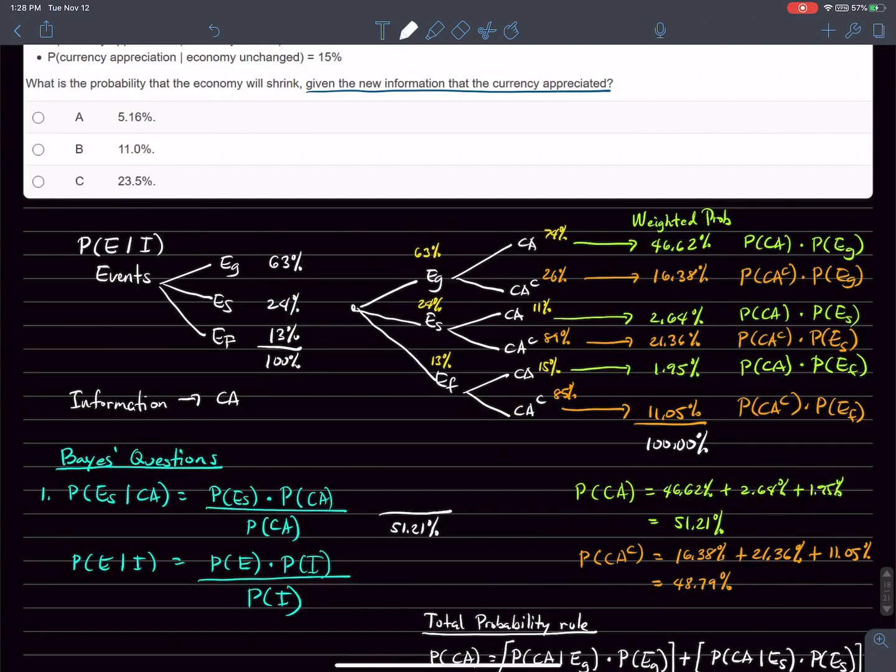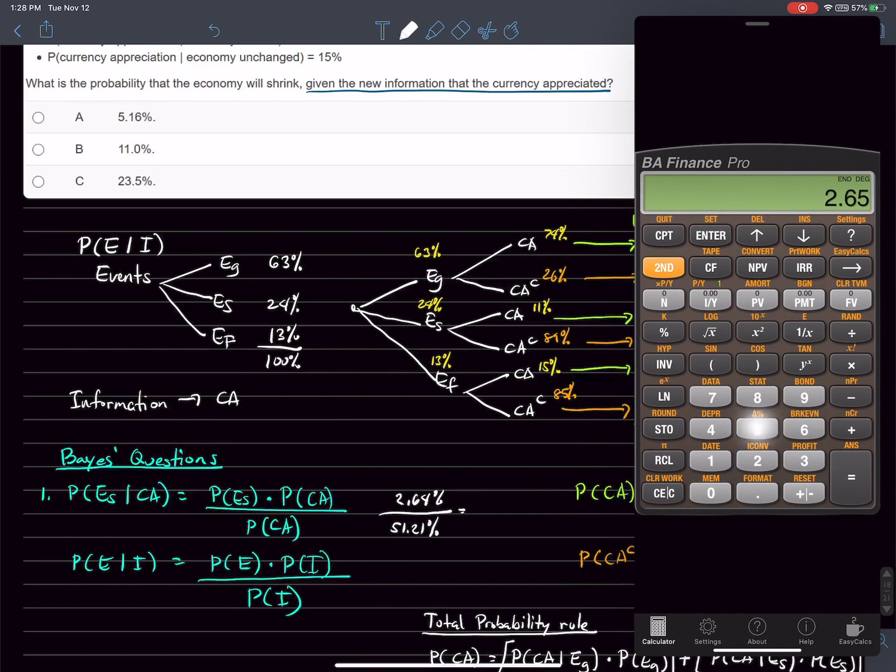Because how I write it is this. Probability of ES, probability of CA and then ES. One minute, I'm figuring it out. Because I know it's 2.64. I know the answer.